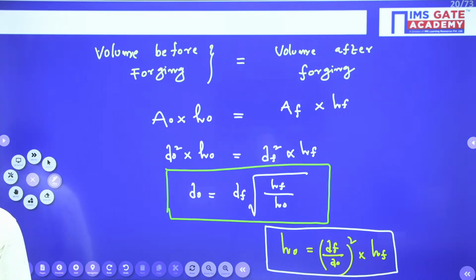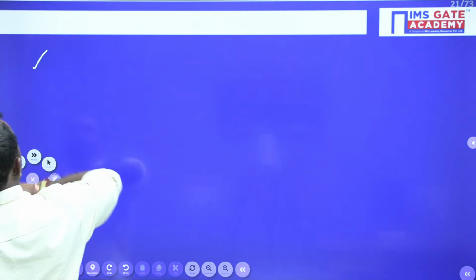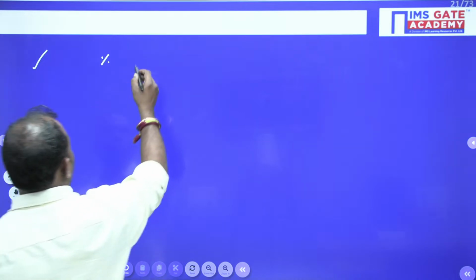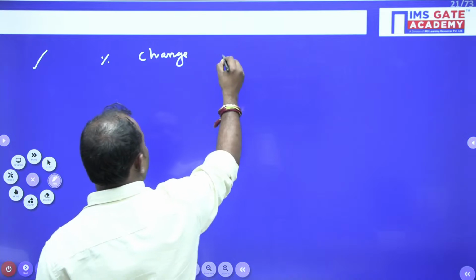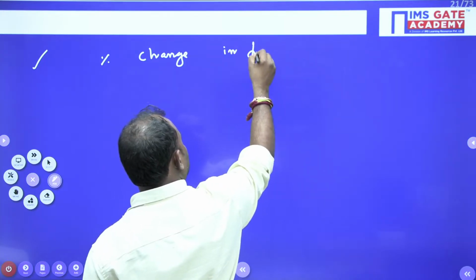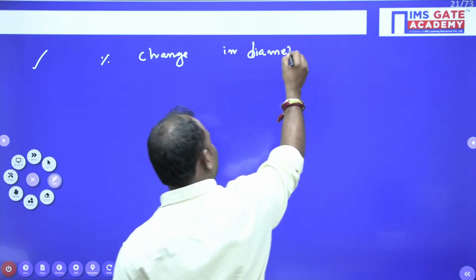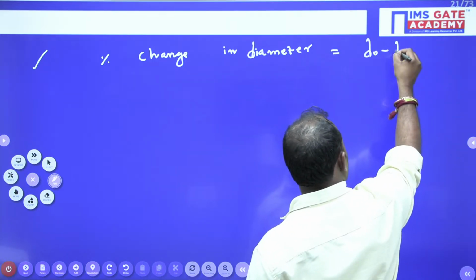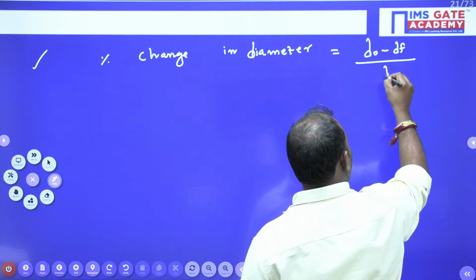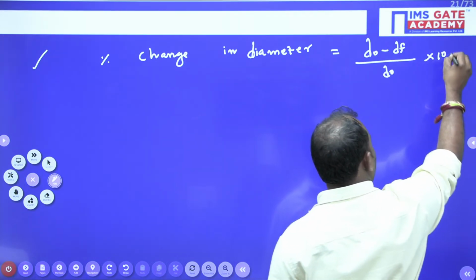Next, they may ask for the percentage change in diameter. Okay, right. Now let's calculate that. Percentage change in diameter in forging is equal to d initial minus d final, divided by d initial, into 100.